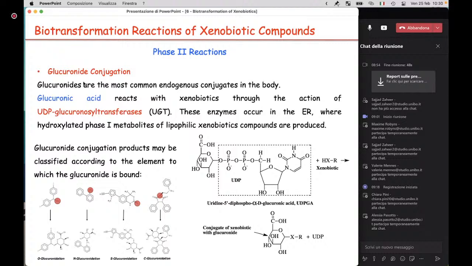Glucuronidation is the most frequent phase 2 reaction. We know a very wide variety of glucuronides produced by biotransformation.